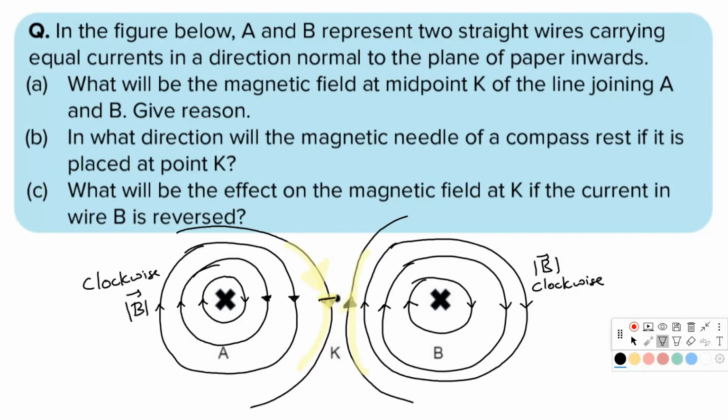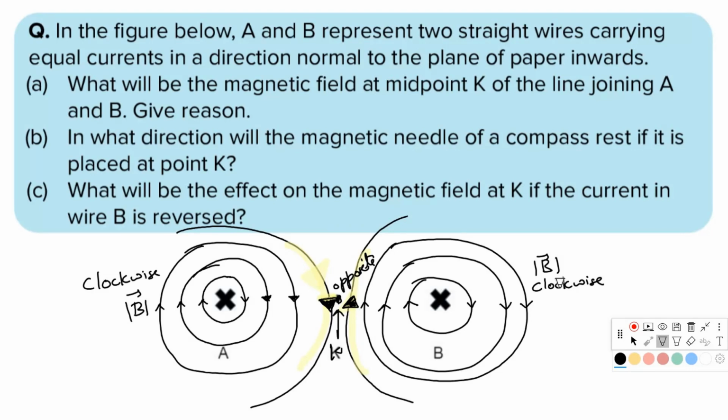So when the fields are in opposite directions at point K, that dot, they cancel each other.